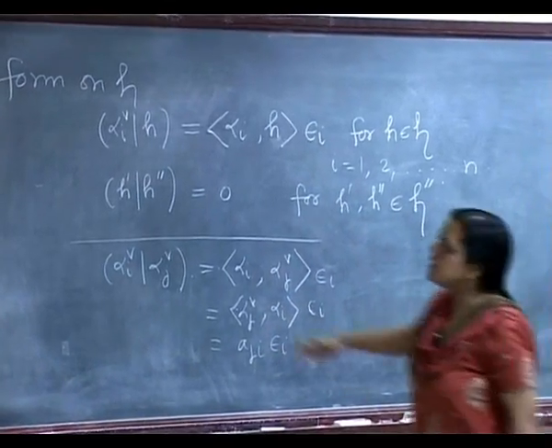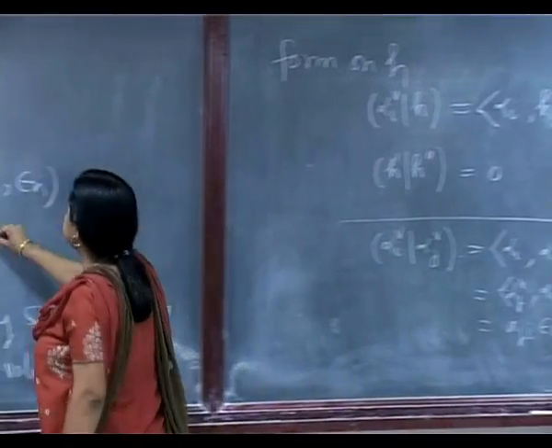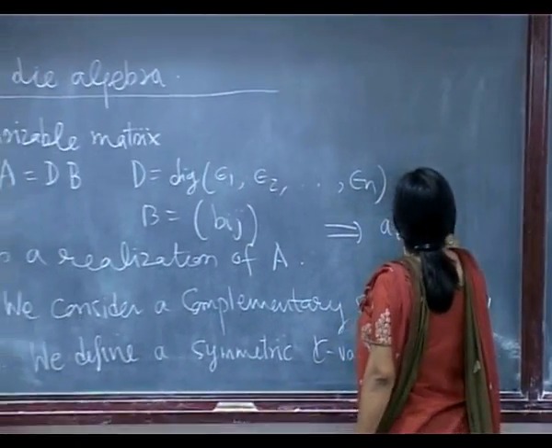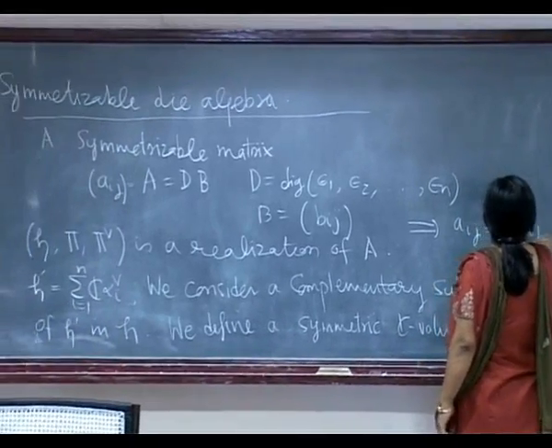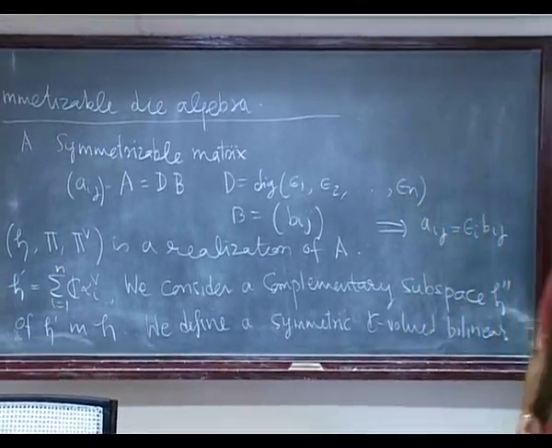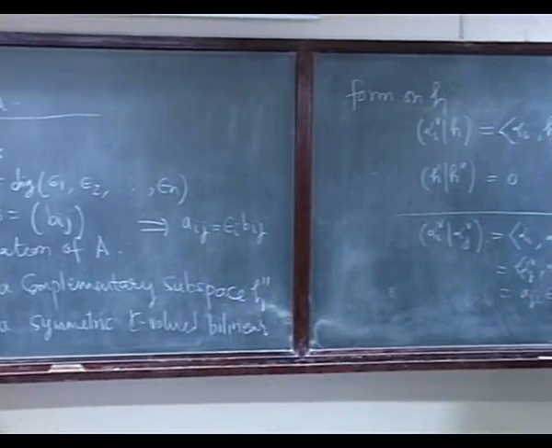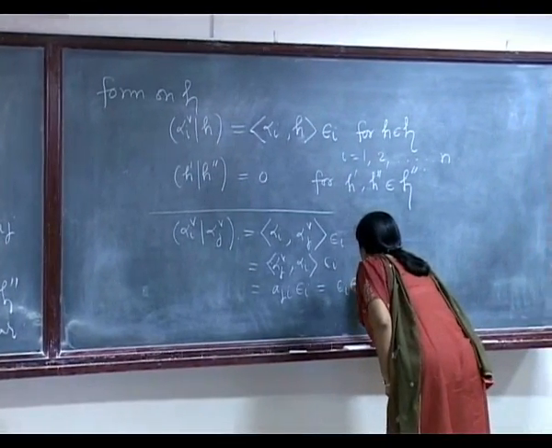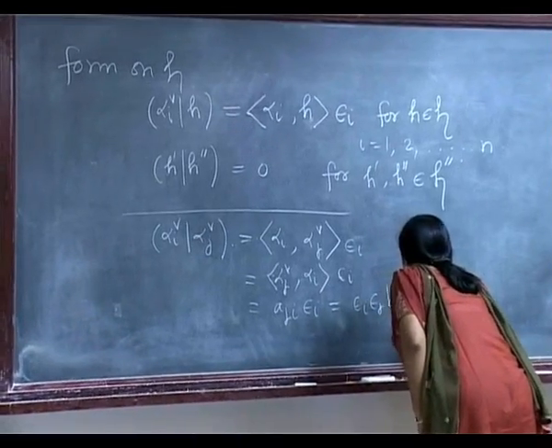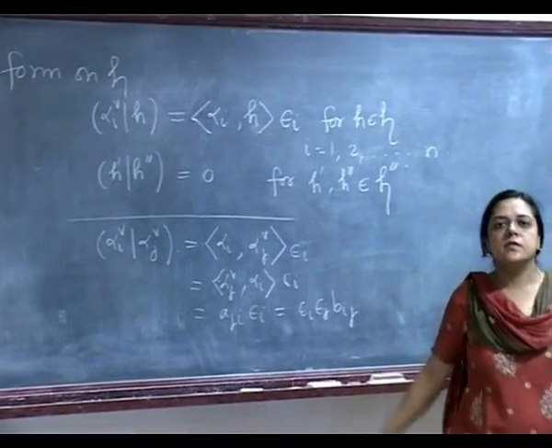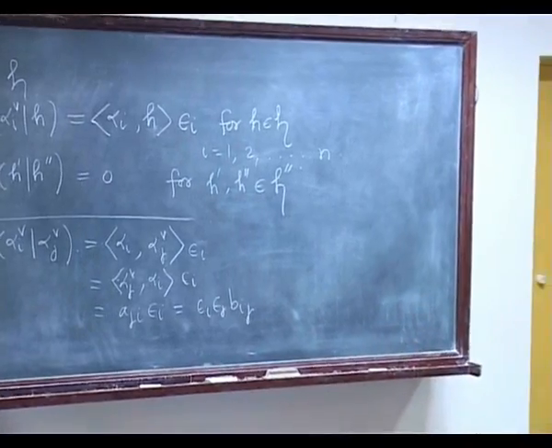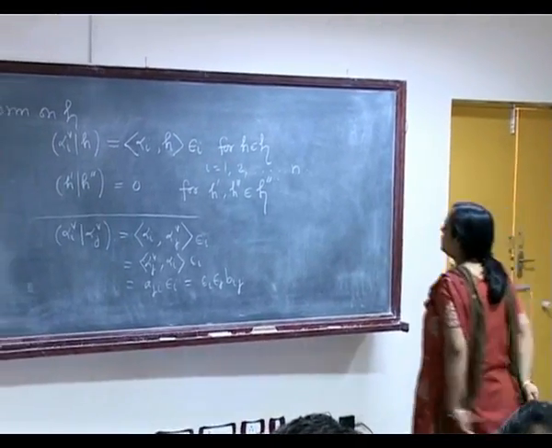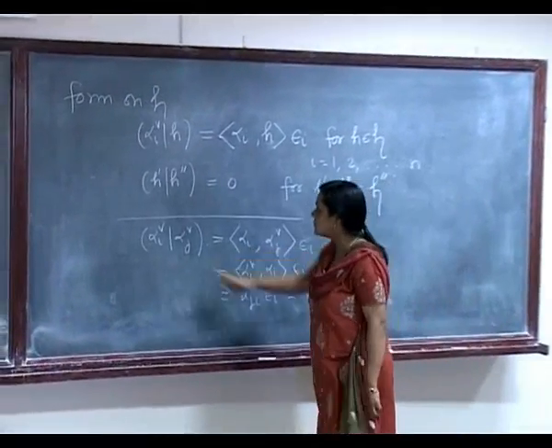From here we see that a_ij is equal to epsilon_i b_ij. So, a_ji is epsilon_j b_ij, because b is a symmetric matrix. Okay. So, we have found this.